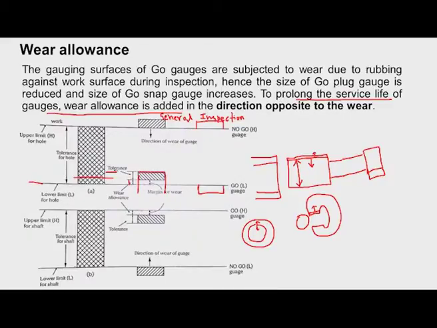So wear allowance is given opposite to the direction in which the wear is occurring, and similarly for no go gauge, the tolerance is outside this tolerance of the shaft.